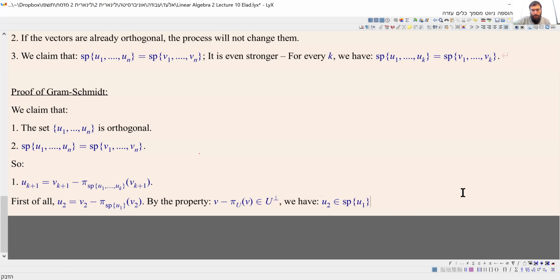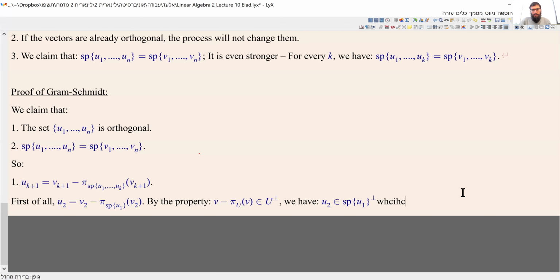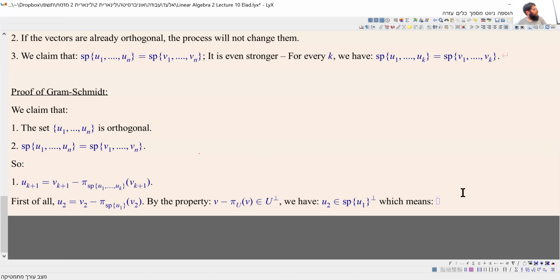It is the specific u here, which means that u2 is orthogonal to every vector in the span of u1, including u1 itself.